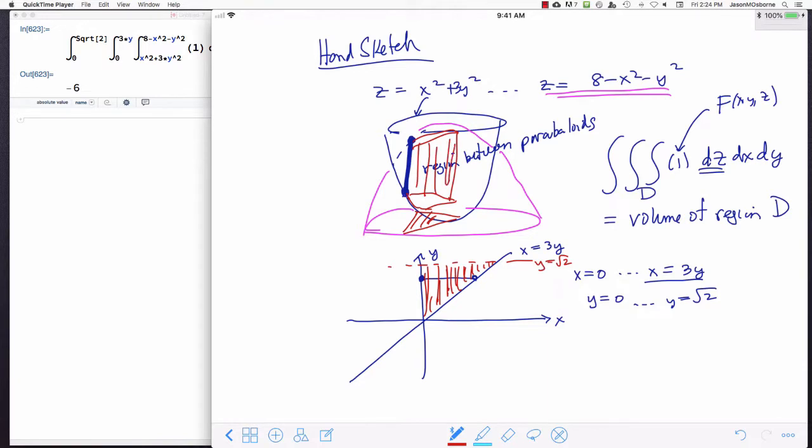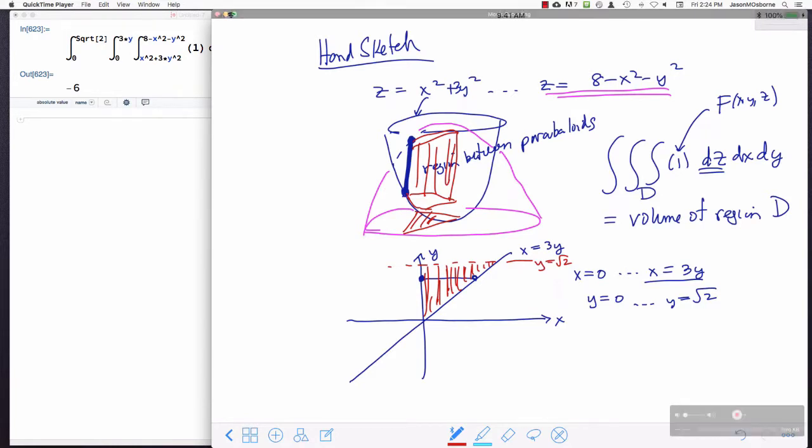So let's use the computer to sketch the answer here, given that we got that triple integral to come out to be a negative number.